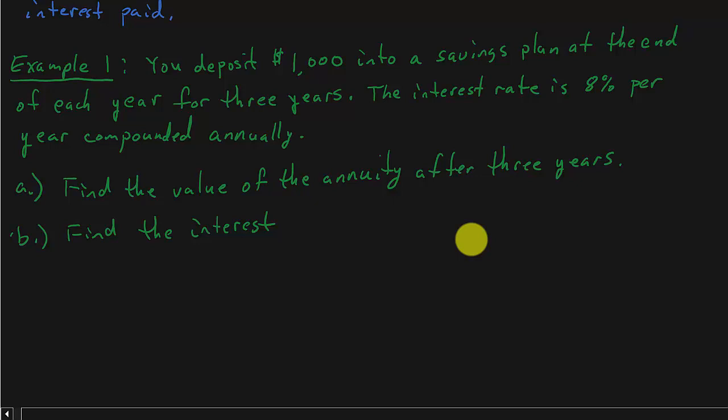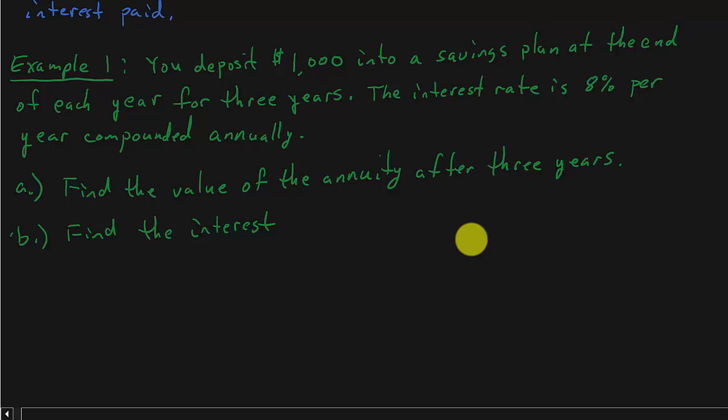We're going to work this example out the long way, just this one, and then we'll look at a formula and start working these problems with the formula. One of the reasons I want to work this out the long way is I think it'll help you understand what's really going on.